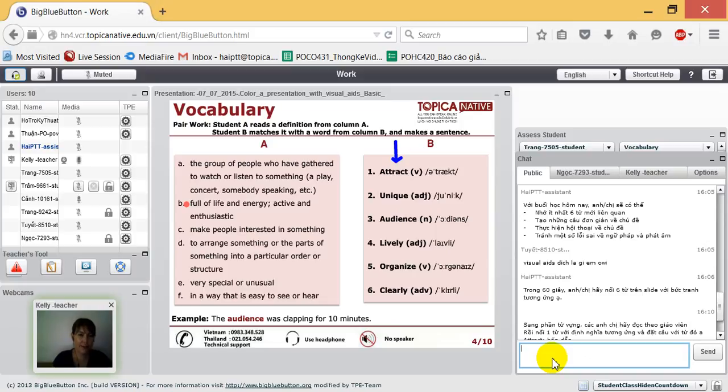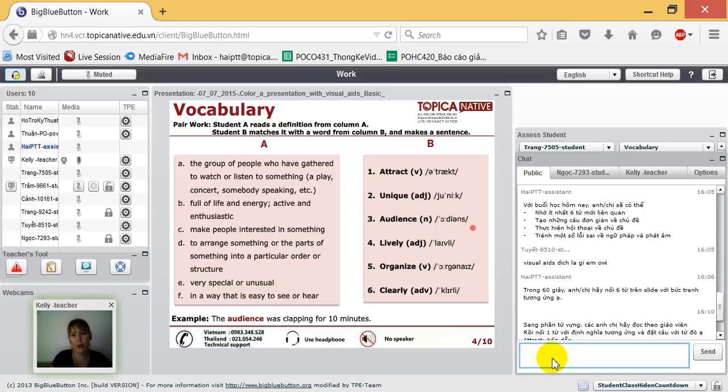And Tuyet, please read the 6 words back. Attract, unique, audience, lively, organized, clearly. Sure, and one more time, please, with audience. Audience. Yeah, excellent. Okay, thank you.